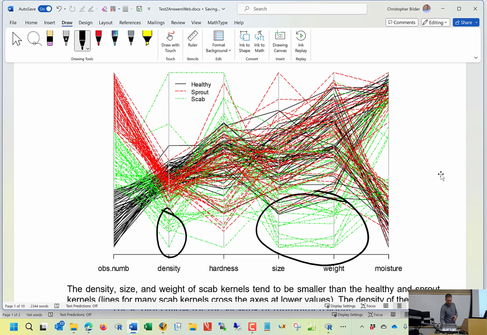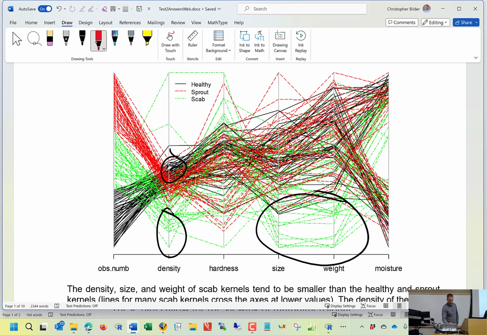I might also talk about how it seems like the healthy kernels tend to have a higher weight than the rest. That doesn't mean every single healthy kernel is always above sprout and scab, but we're seeing these trends that there's more of them that seem to be above that. And so that's what I would talk about in this plot regarding trends.